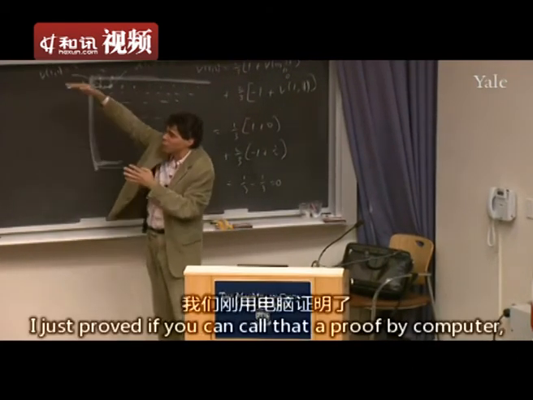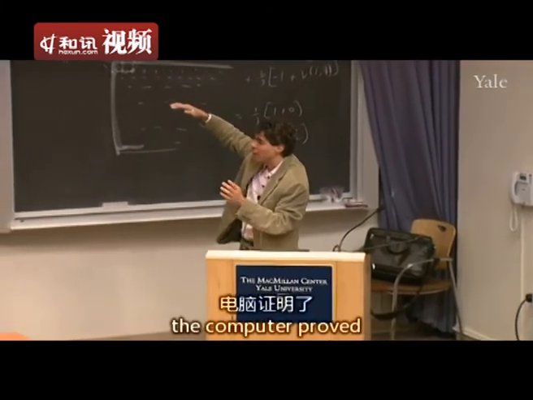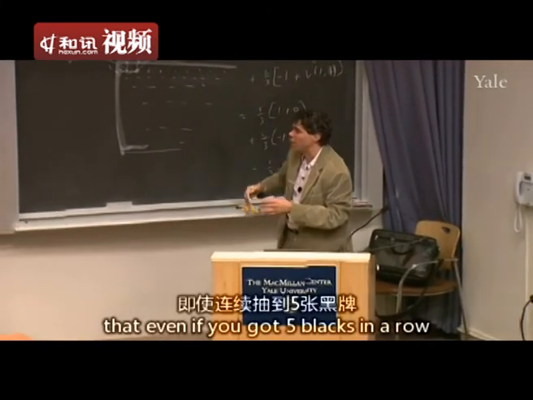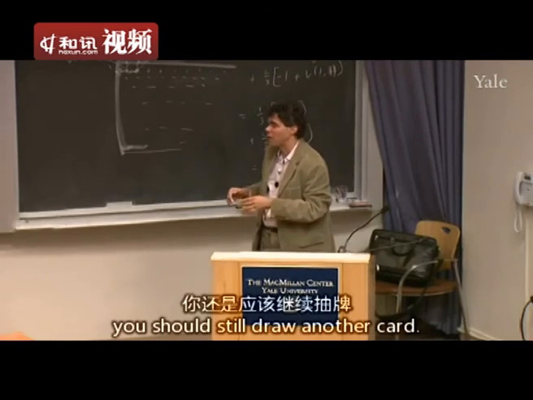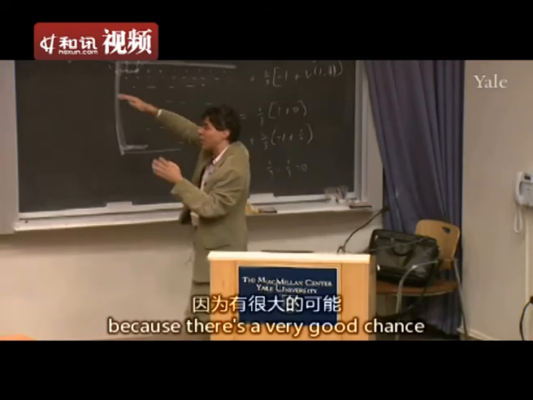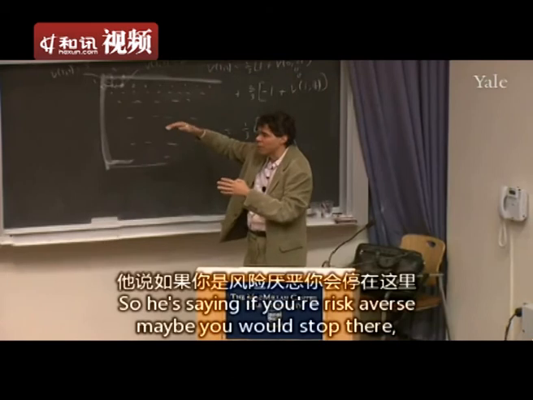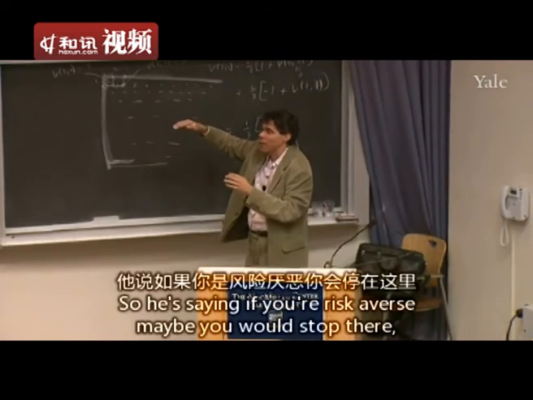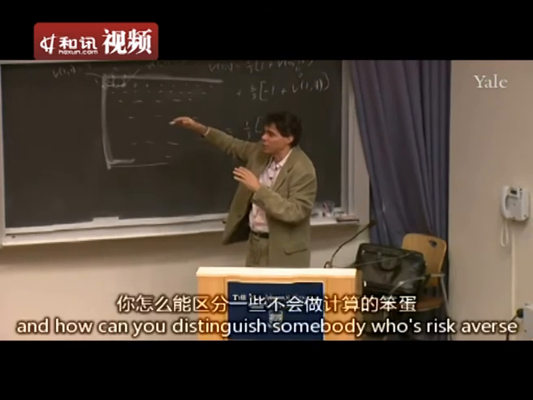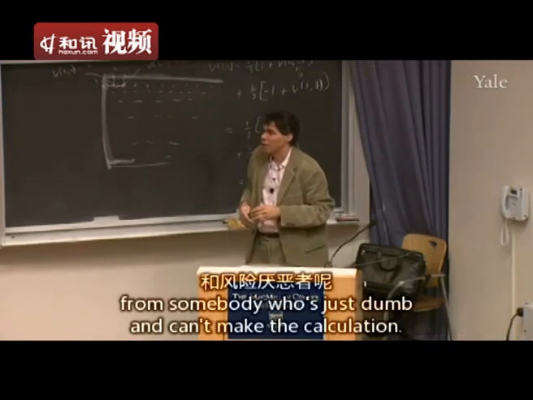I just proved, if you can call that a proof by computer, the computer proved that even if you got 5 blacks in a row, you should still draw another card. Of course, things are quite risky now because there's a very good chance you're going to lose on that very next card. So he's saying if you're risk averse, maybe you would stop there. And how can you distinguish somebody who's risk averse from someone who's just dumb and can't make the calculation?